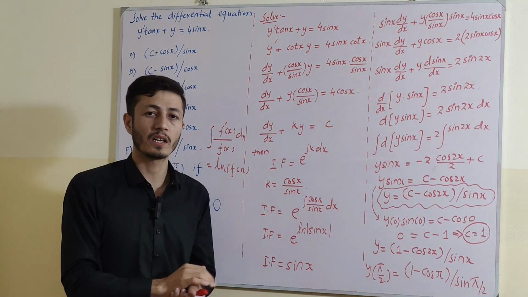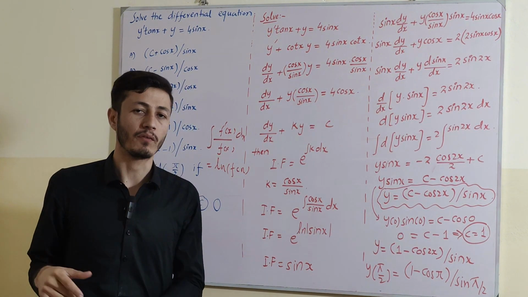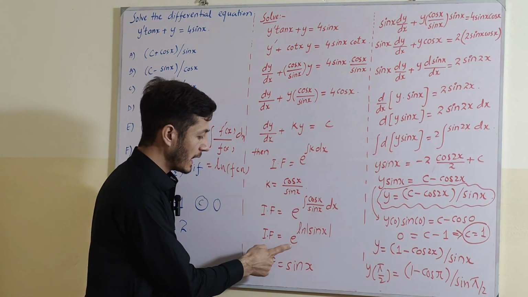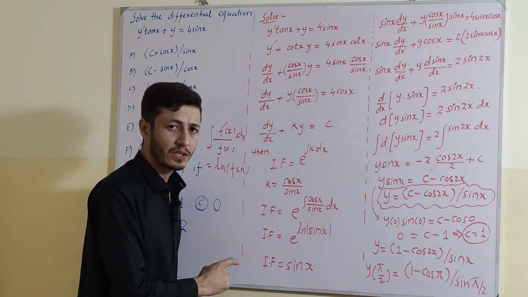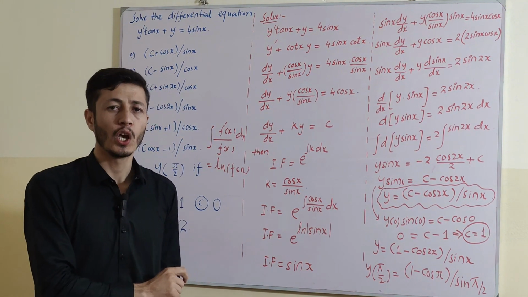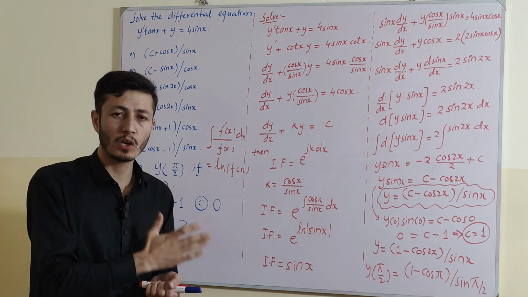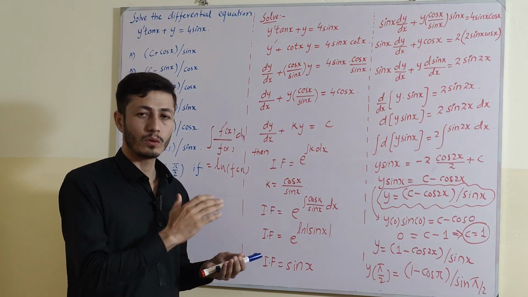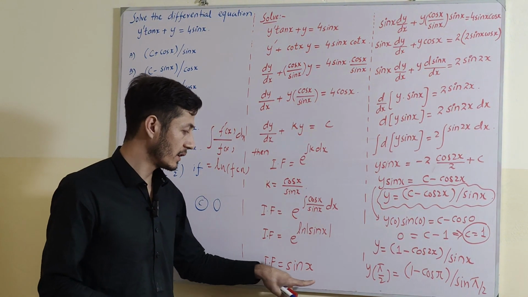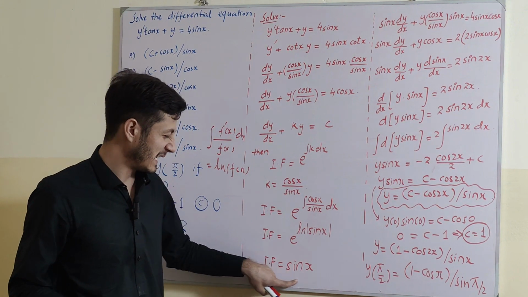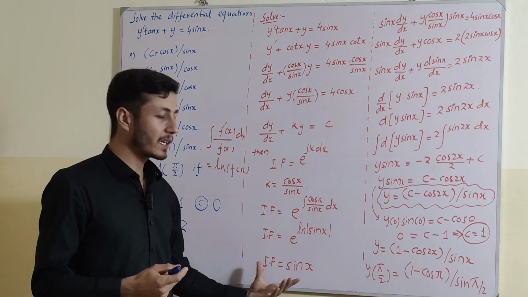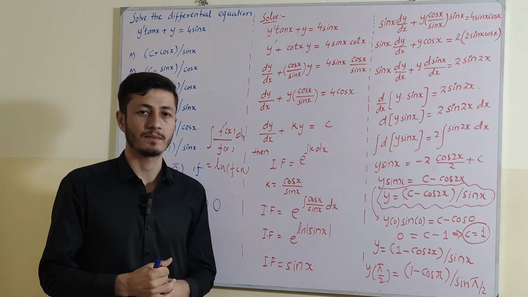So the whole integral becomes natural log of sine of x. Now here one is the logarithmic function and the other is the exponential function. The exponential function and the logarithmic function are inverses of each other, so they cancel each other and we get sine of x. Then the integrating factor here is sine of x.